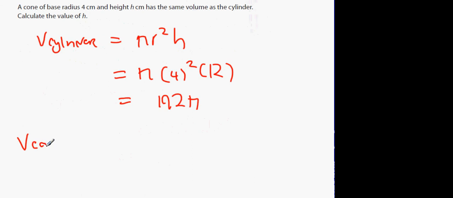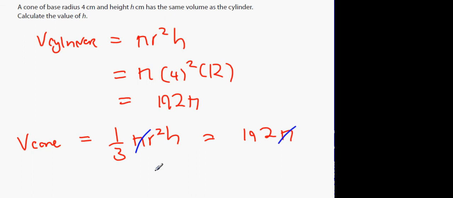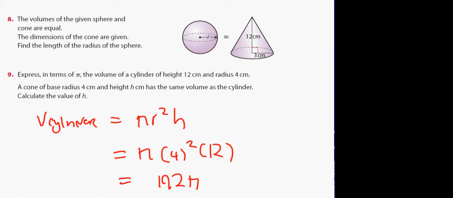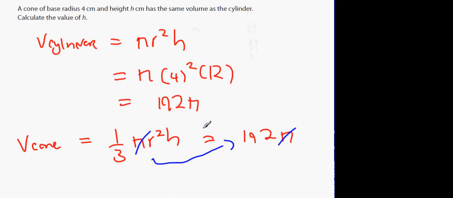So the volume of the cone is equal to a third pi r squared h, and that also equals 192 pi. So what we're going to do is cancel them both out. Sorry, the radius is 4, isn't it? So we won't actually bring it up yet. We'll input the values first, and then we'll bring them up and down.